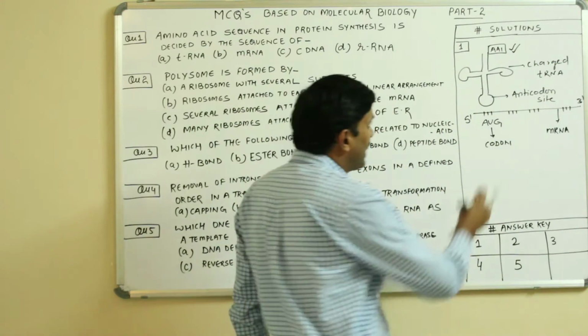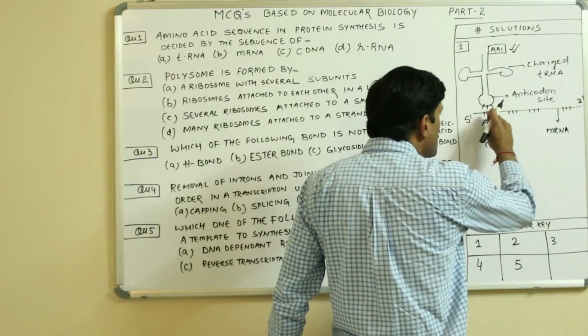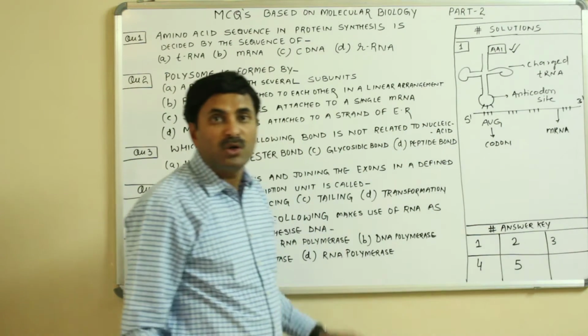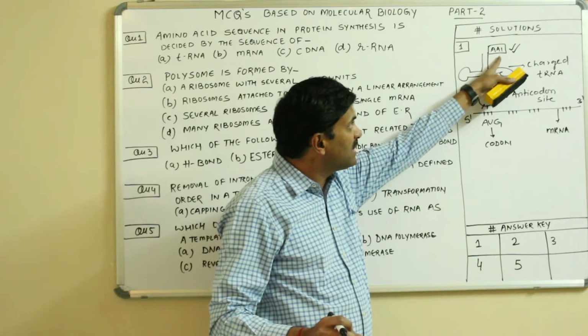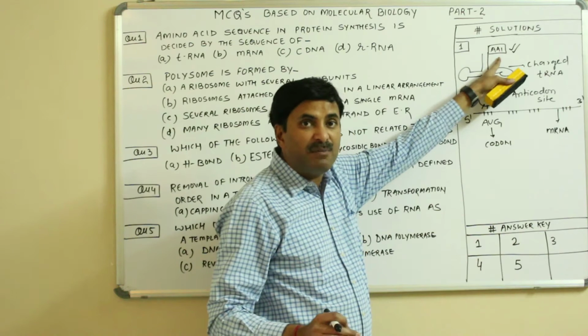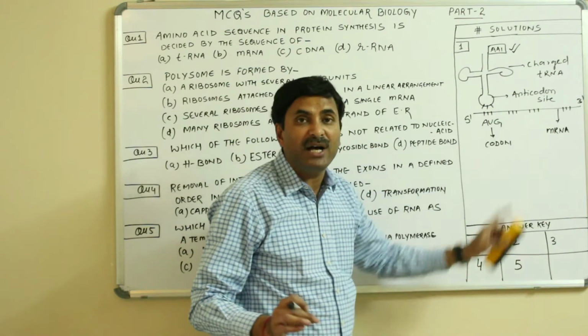The amino acid, and this is the anticodon site. The anticodon will be just complementary to the codon. So always remember the sequence of the amino acids in a protein chain will be decided by the sequence of the codons found on the mRNA.